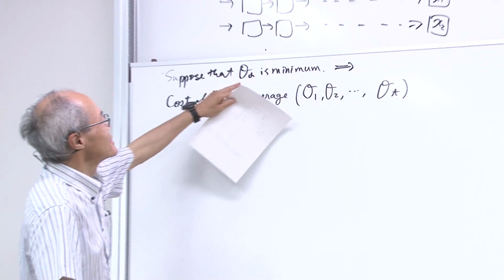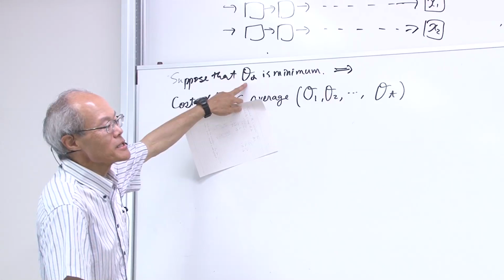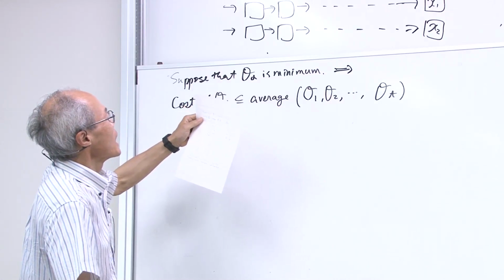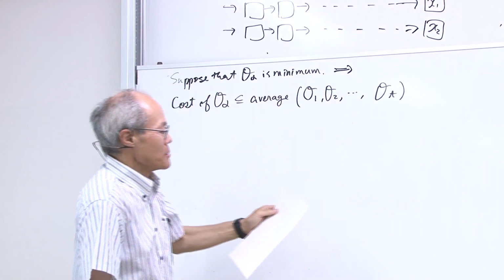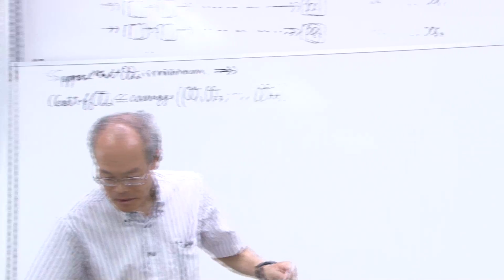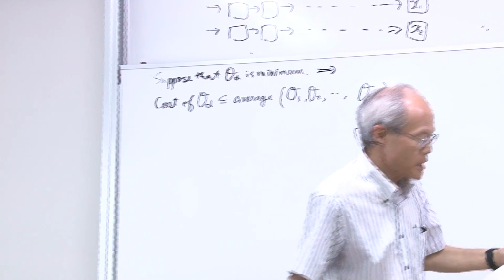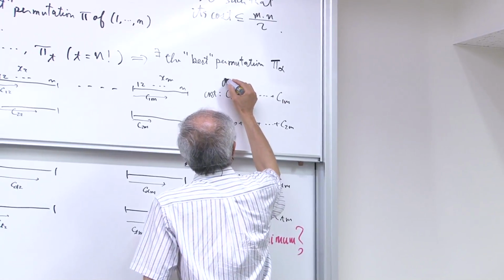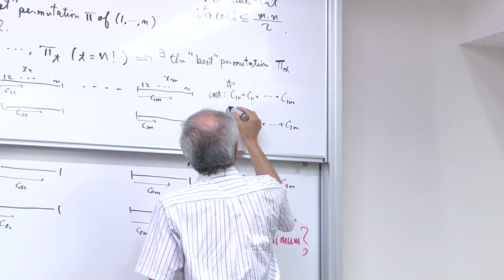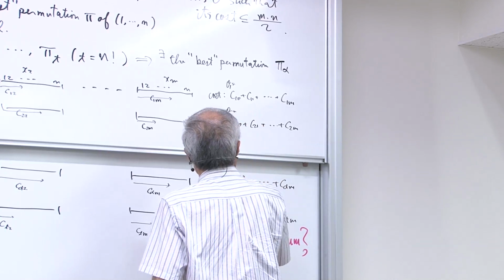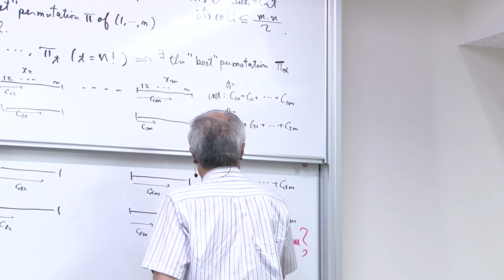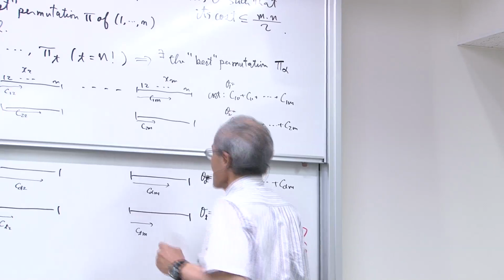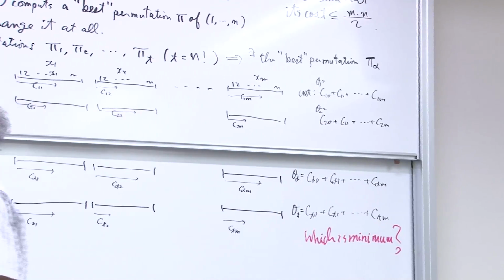Suppose that this cost, I'm sorry, something's missing. Okay, O1. Okay, suppose that O alpha is the minimum.